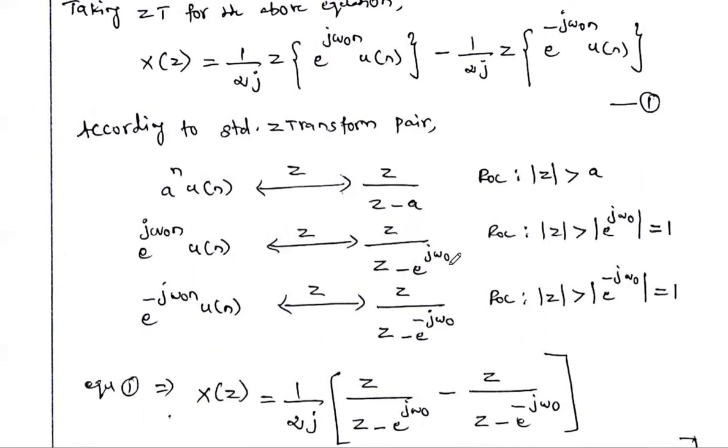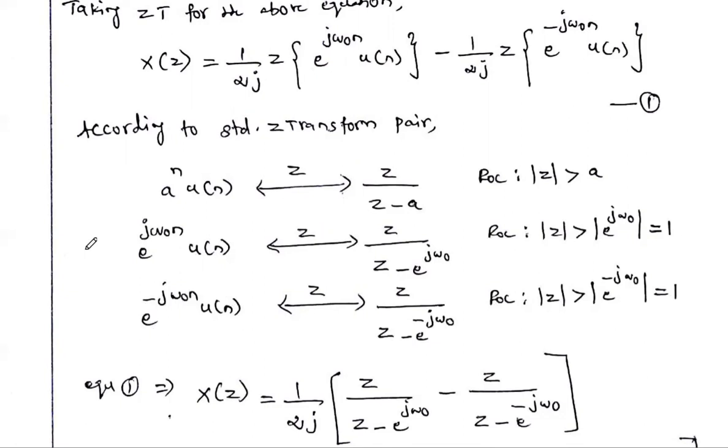Z by Z minus e power j omega naught with ROC modulus of Z greater than 1, since modulus of Z is greater than modulus of e power j theta, which is 1. Similarly, e power minus j omega naught n u of n has Z transform Z by Z minus e power minus j omega naught, with the same ROC.